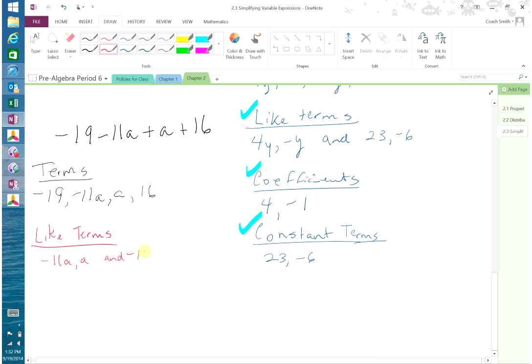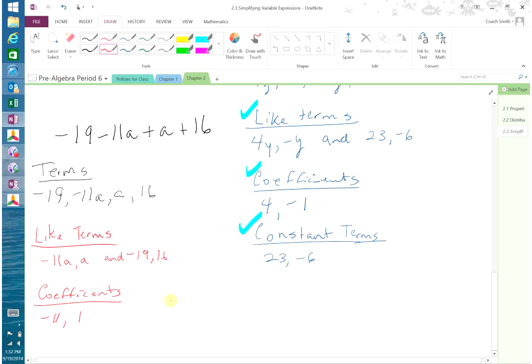Good. -19 and 16. Now, what are the coefficients? Joshua. -11 and 1, yes. -11 and 1.